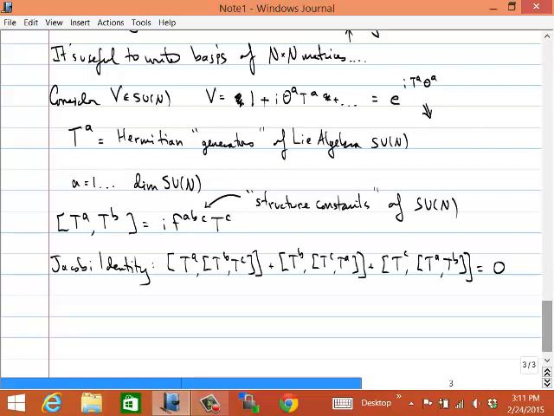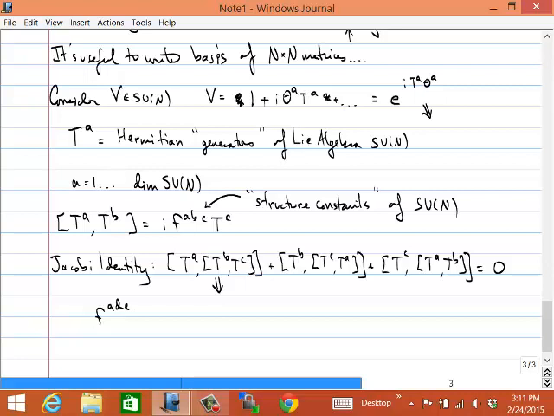And if you stare at this formula for a second, you can see that this implies that the structure constants f^{abc} have to satisfy some sort of quadratic equation. So for example, that first term, the commutator of T^A with the commutator of T^B and T^C, what is that?